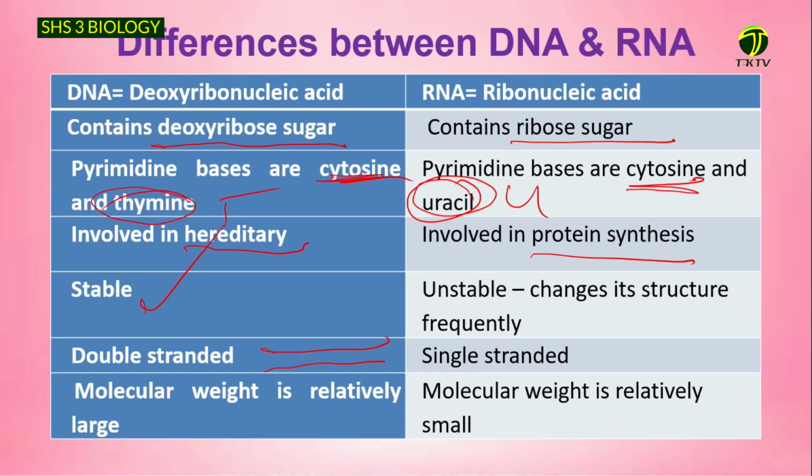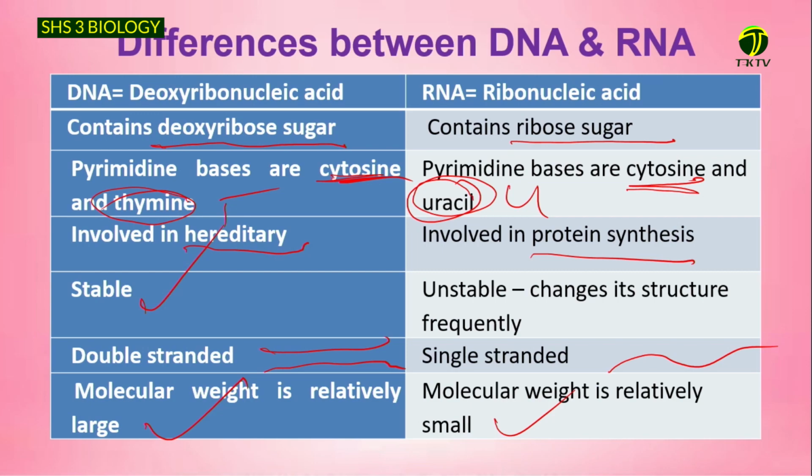So it's something like this. Then the RNA happens to be a single structure, making the DNA heavier than the RNA. So the molecular weight of the DNA is relatively larger than that of the RNA.